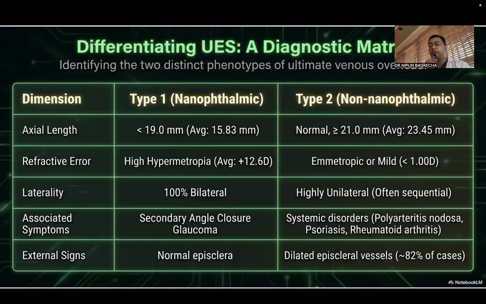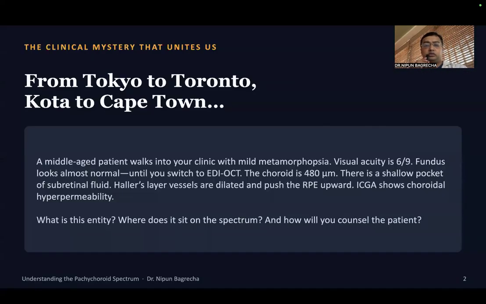Very nicely elaborated by sir regarding the complications which can happen in the nanophthalmic and hypermetropic eye. So I have a quiz for the fellows. There's a middle-aged patient who walks into your clinic with mild metamorphopsia. Visual acuity is 6/9. The fundus almost looks normal.